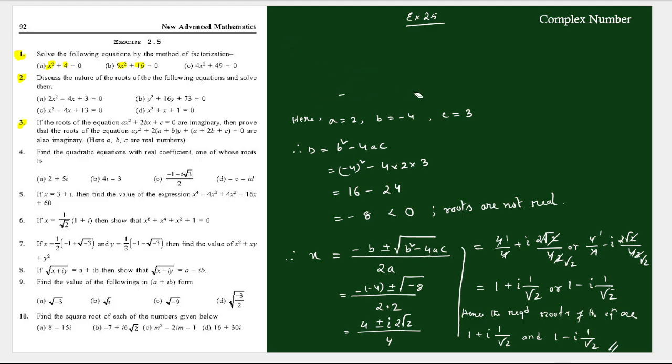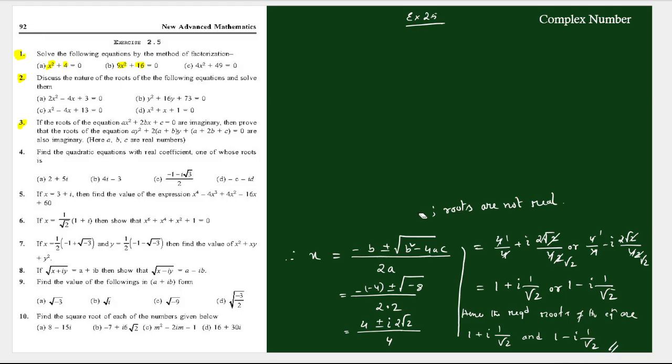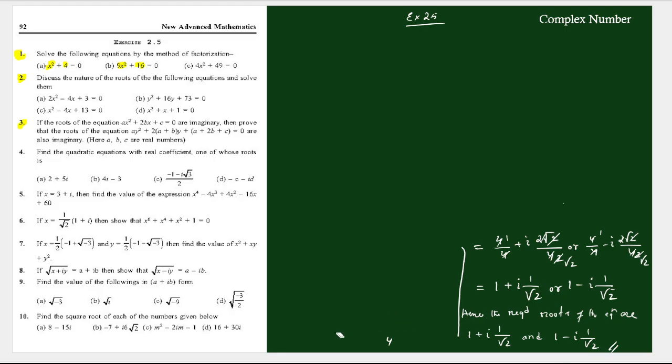If the roots of the equation ax square plus 2bx plus c equal to 0 are imaginary, then prove that the equation ay square plus 2(a plus b)y plus (a plus 2b plus c) equal to 0, the roots of this equation are also imaginary.